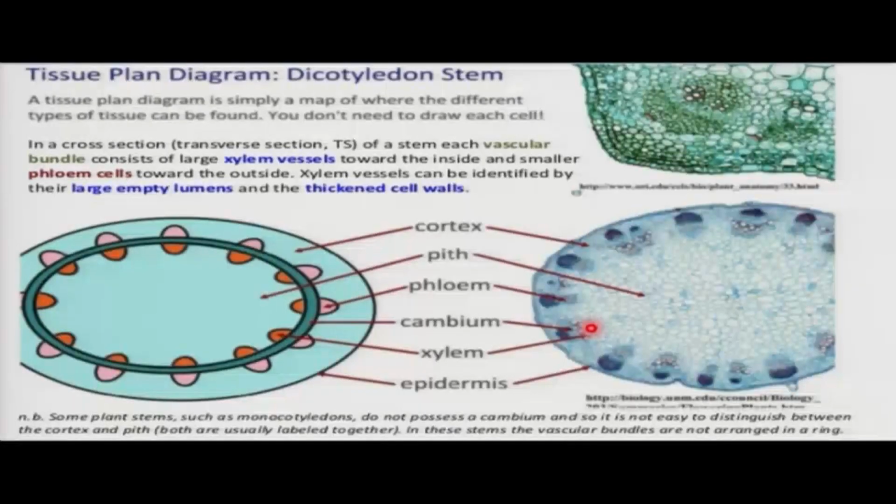That's the capture from this slide. We are showing the xylem vessels and the phloem. Location: xylem towards the inside, phloem towards the outside. Xylem vessels can also be identified by their large empty lumen and the thickened walls.